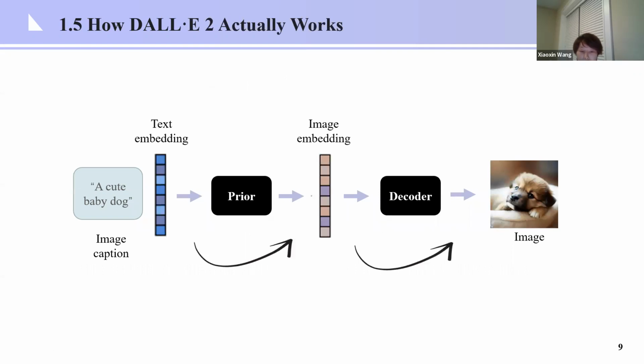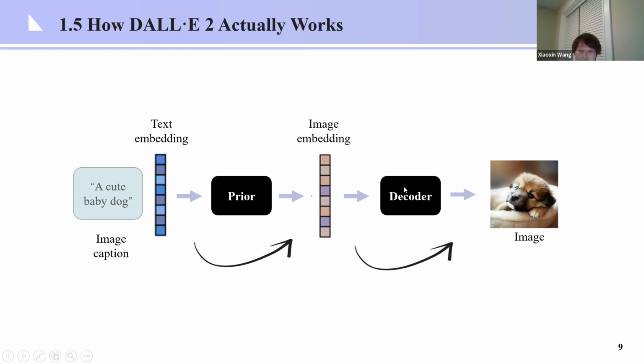DALL-E 2 consists of two parts. One converts a caption into a representation of an image, called the prior, and the other turns this representation into an actual image, and this part is called the decoder.